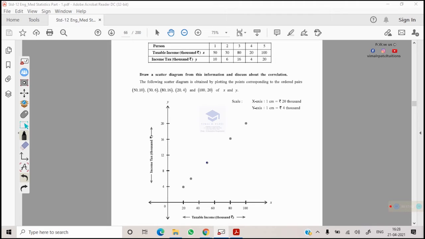Then when x is 30, y is 6, this. When x is 80, y is 16. When x is 20, y is 4. And when x is 100, y is 20.